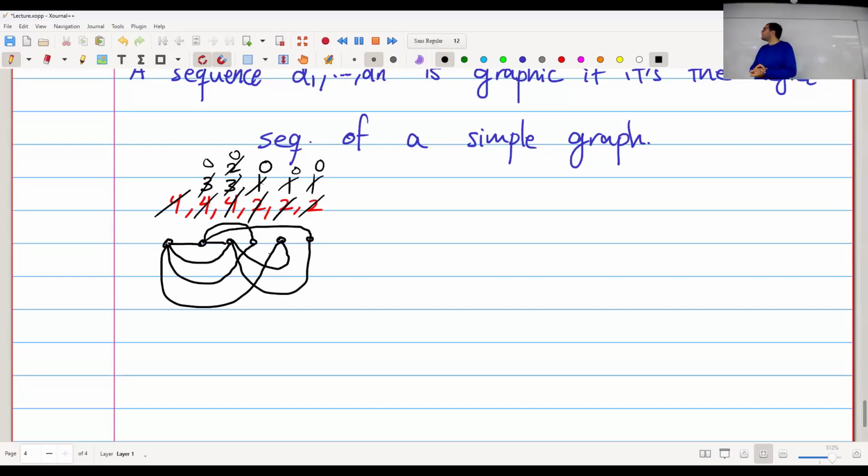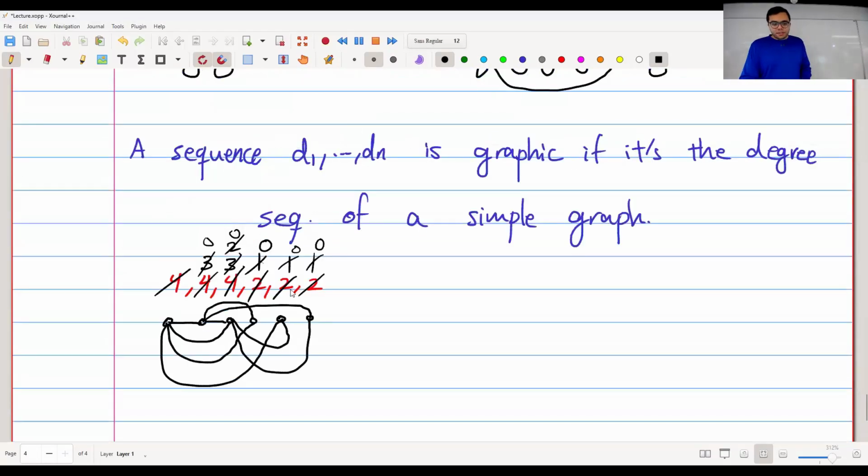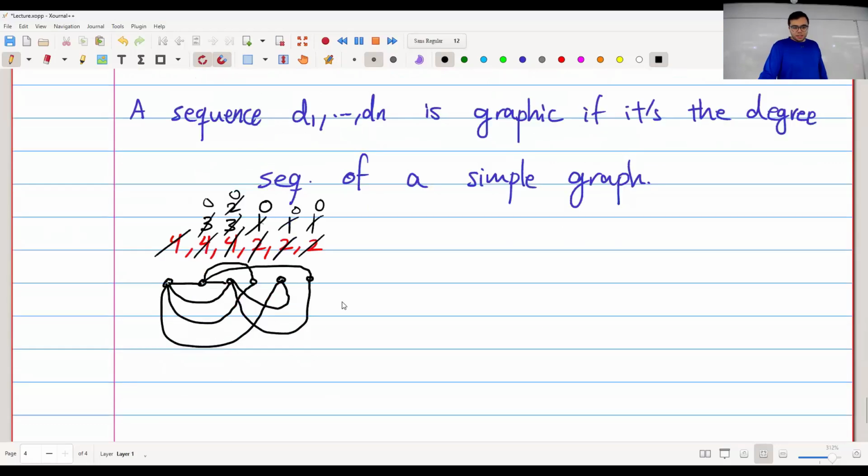Okay, great. So first of all, if this algorithm works, then definitely my sequence is graphic because I'm creating the graph, right? So if the algorithm succeeds, if I can go over all the sequence and I create the graph and I make all the numbers 0, then the sequence was a graphic sequence. But what's interesting is that the opposite also works.